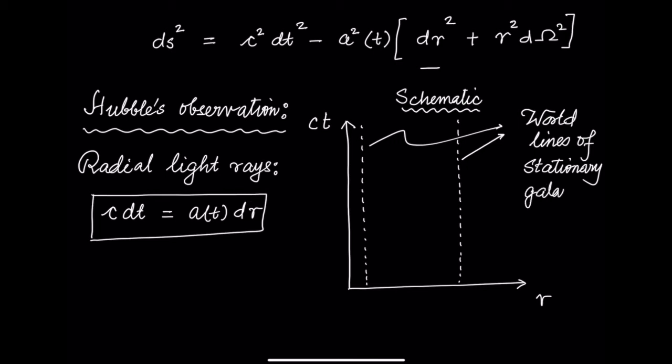One of them can be us, say r equals r1, the other is r equals r2. As the universe is homogeneous and isotropic, you can choose the origin wherever you want.